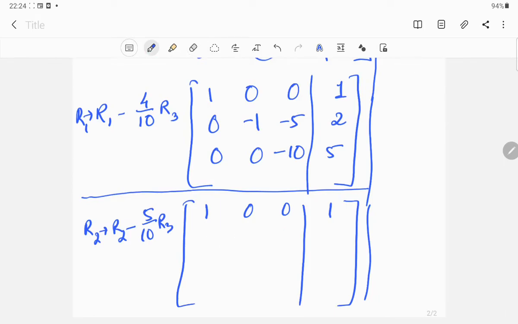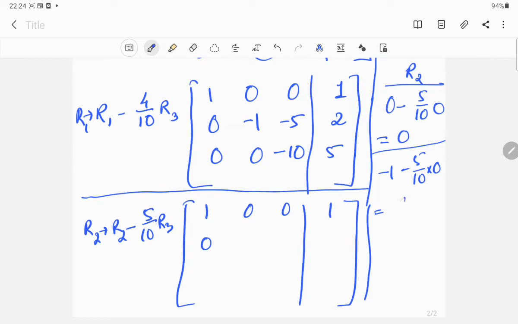So first of all we are going to do for R2, let us start with 0 minus 5 by 10 into 0 means 0, then minus 1 minus 5 by 10 into 0 equal to minus 1, then minus 5 minus 5 by 10 into minus 10. 10 gets cancelled.